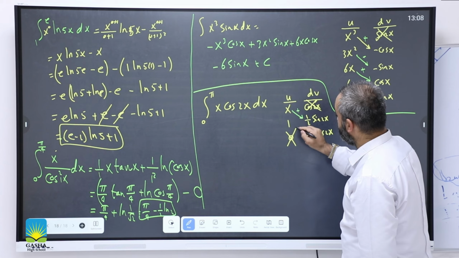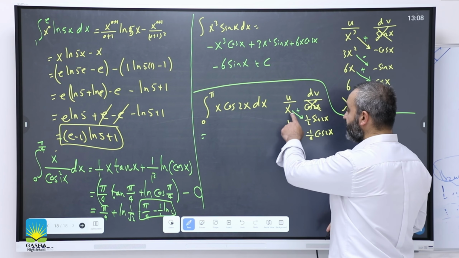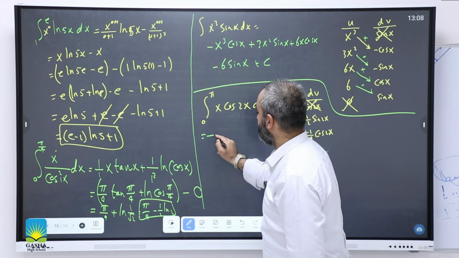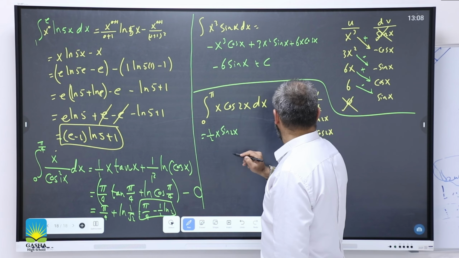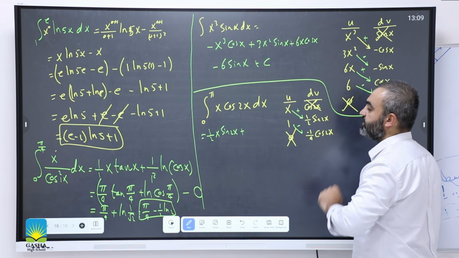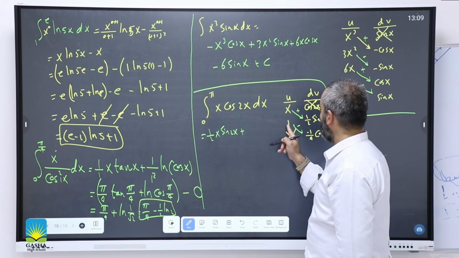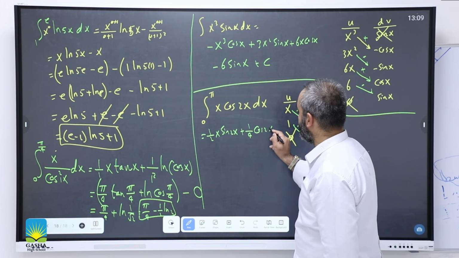from positive into negative. So equal to x times 1 over 2, 1 over 2x sine 2x plus, why plus? Because we have negative here, becomes positive. 1 times 1 over 4, 1 over 4 cosine 2x.